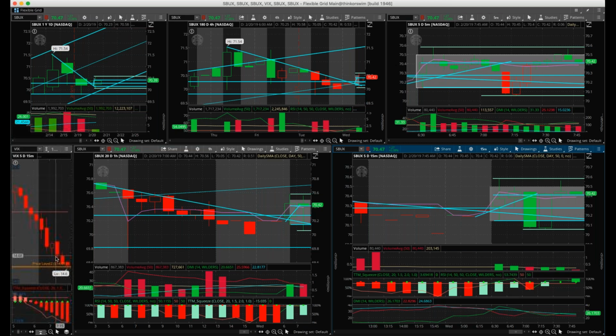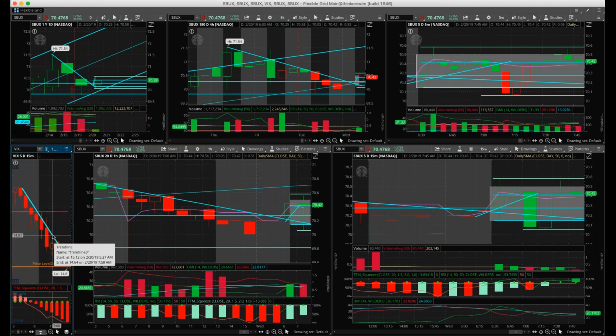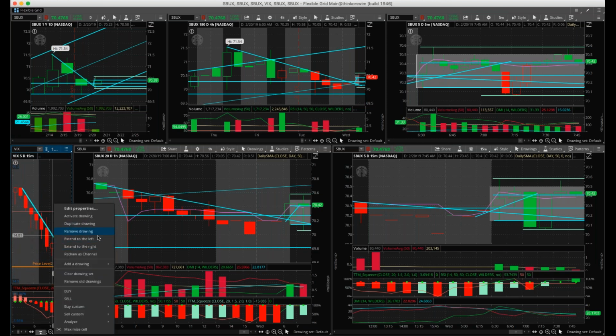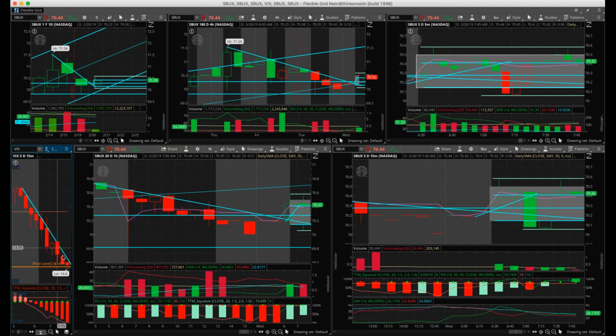Or is it going to bounce and continue up? It has been just straight down. So we'll be watching for that break of that downtrend.